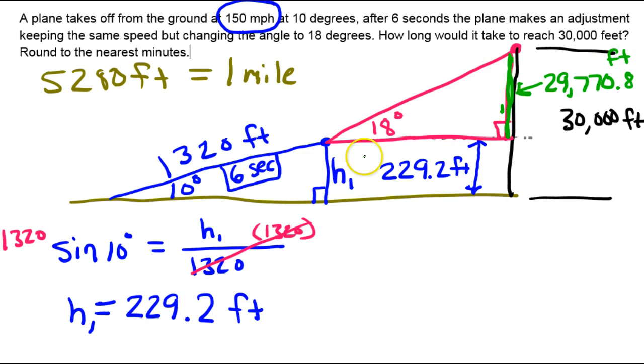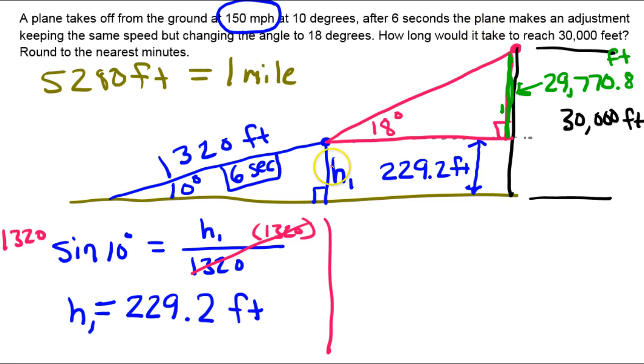Okay, so that's that. Now that I have the 18 degrees and I have this green side of the triangle, now I can find the hypotenuse, using another trig calculation. So again, this is opposite, and then this is the hypotenuse.